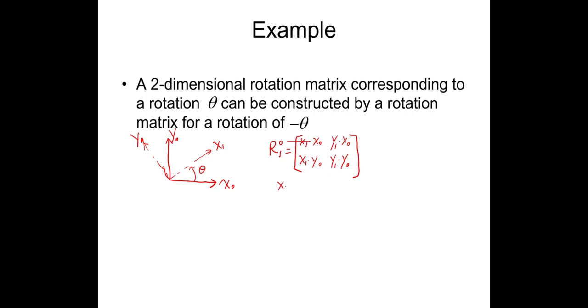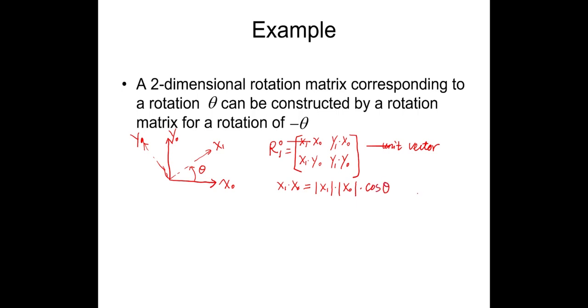The first term is x1 dot product x0. If we calculate the dot product, it is the absolute value of the vector x1, and again, all of these are unit vectors, so the length or the absolute value of these unit vectors is 1, times cosine theta.